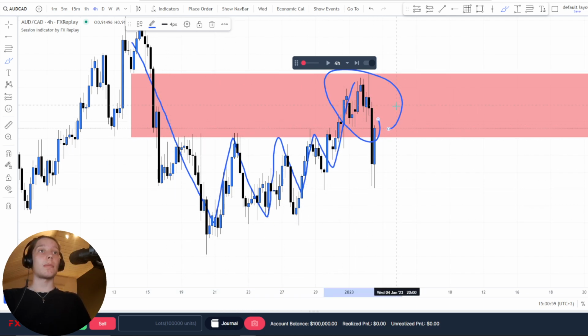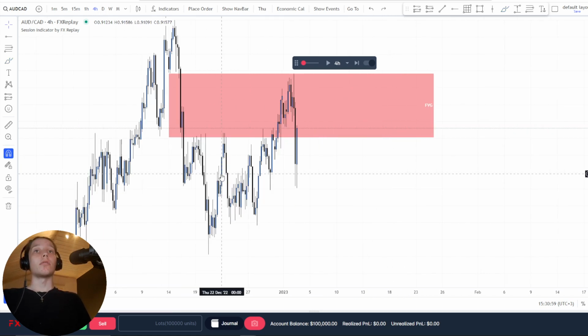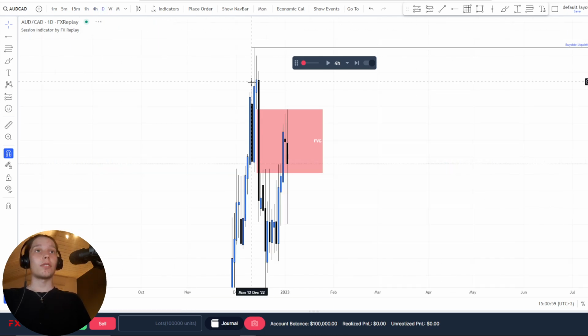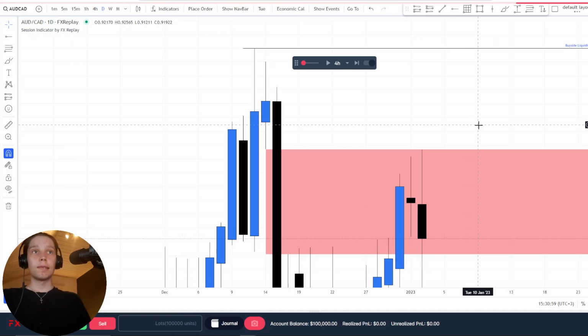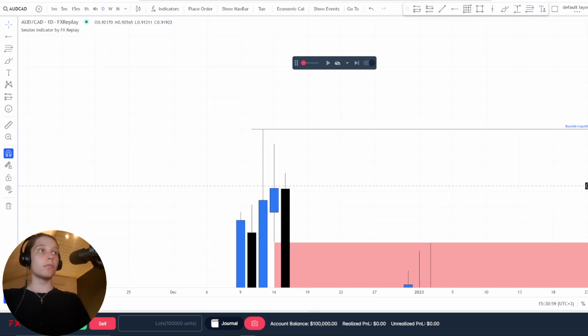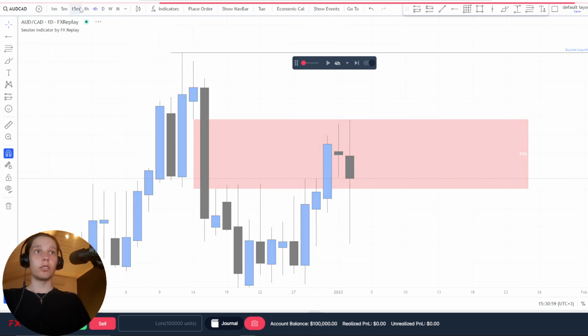We hold this gap, so this could mean more bearish action. I'm not so sure about that, but look at the precision, how that daily gap got filled almost on the point. But this daily candle has quite a big range.